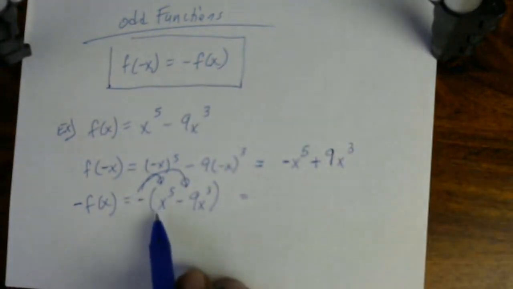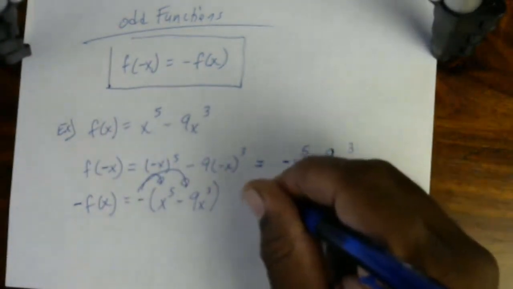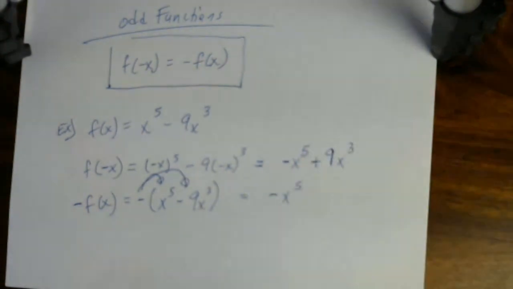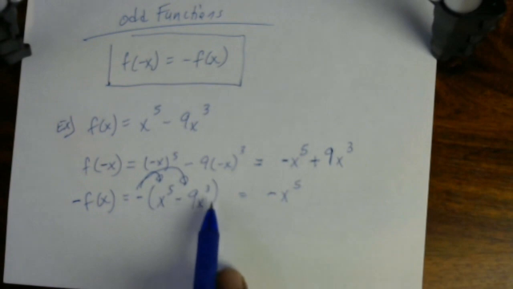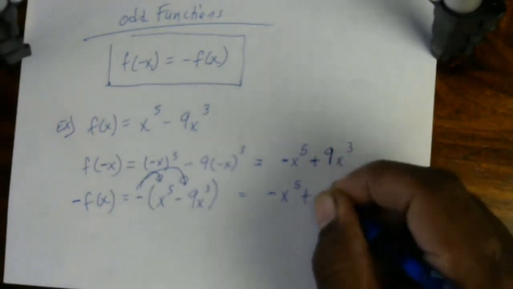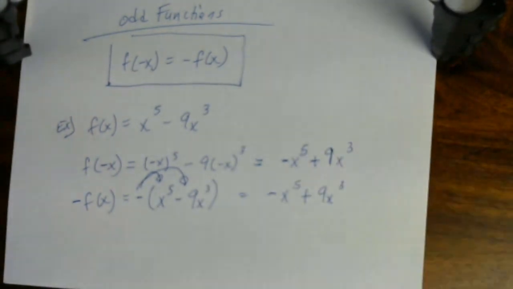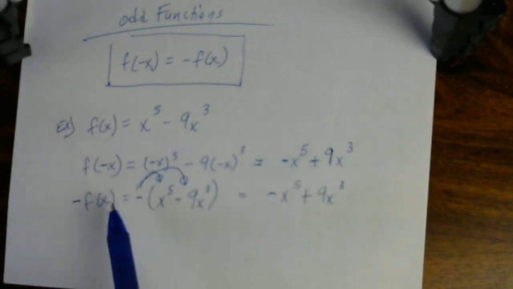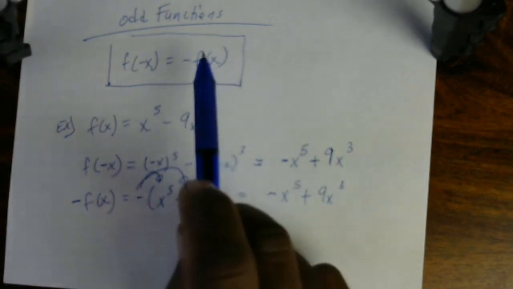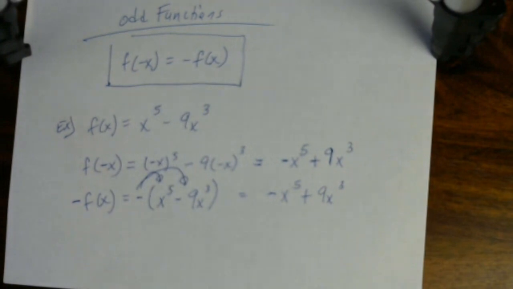So negative times a positive x to the 5th is negative x to the 5th. A negative times negative 9x cubed is a positive 9x cubed. Notice that f of negative x is equal to negative f of x, therefore our function is an odd function.